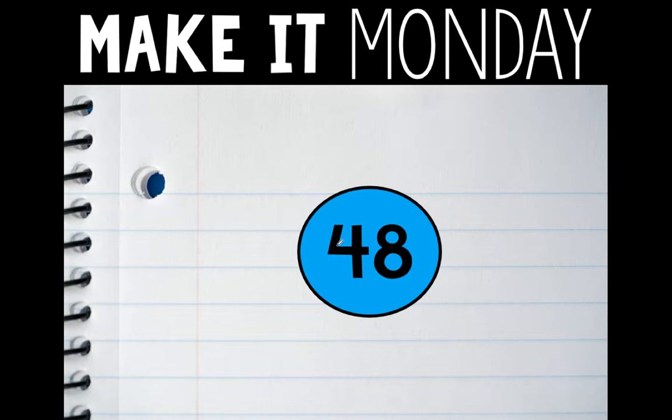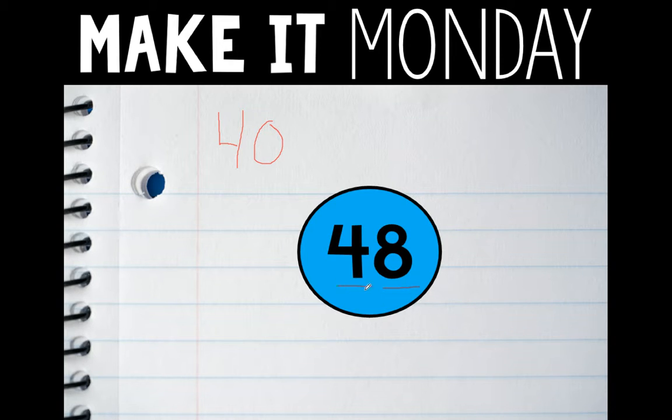Okay, so 48 here, when I see 48 visually in my mind, I immediately look at my place value. And I know that I have 4 tens, and I know 4 tens represent 40. And I know expanded form. So I know that if I add my tens and my ones together, I'm going to get this number.